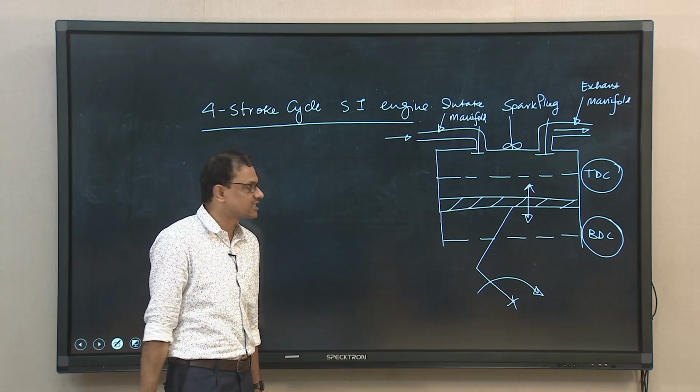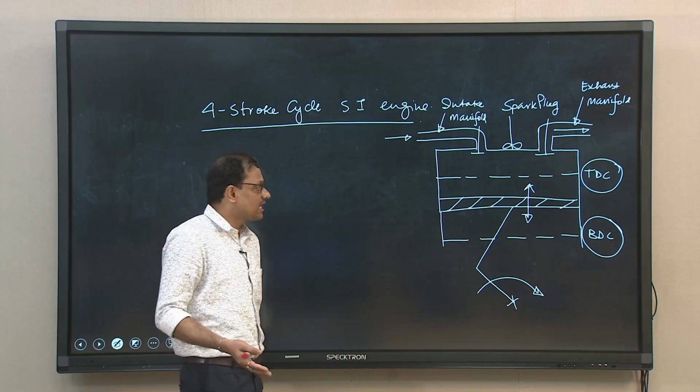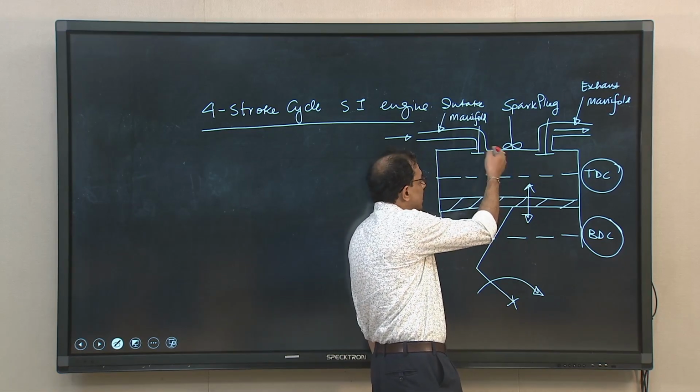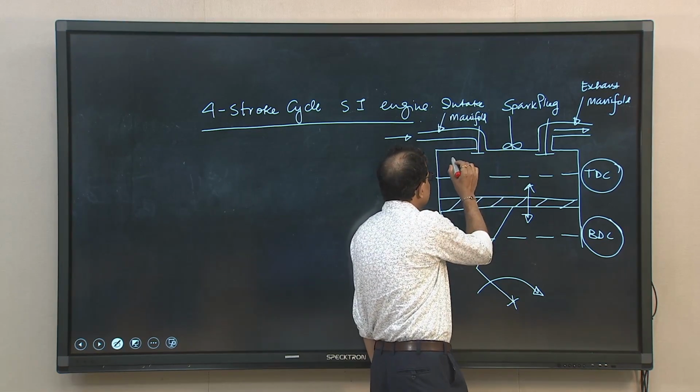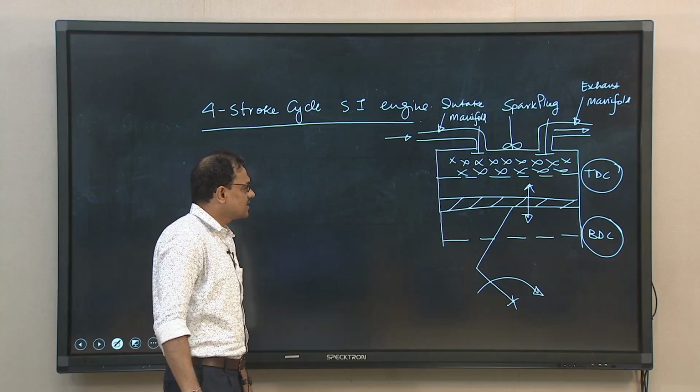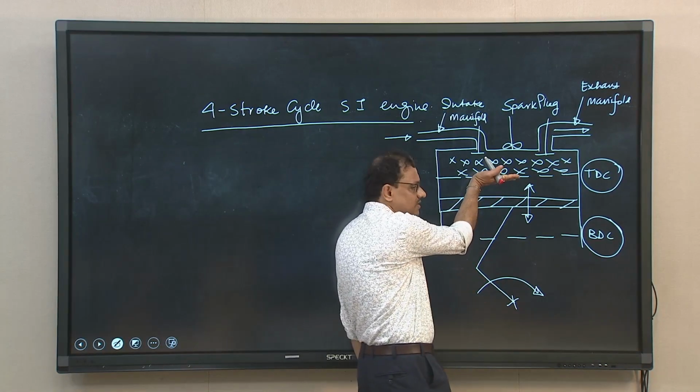So, the entire combustion takes place as if the piston has reached TDC and the compressed charge in this space is combusted, as if the volume is remaining constant.